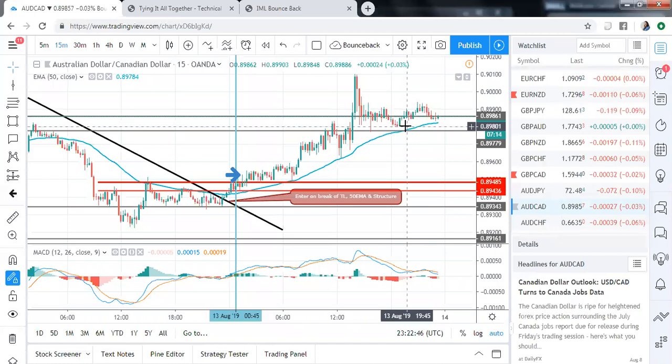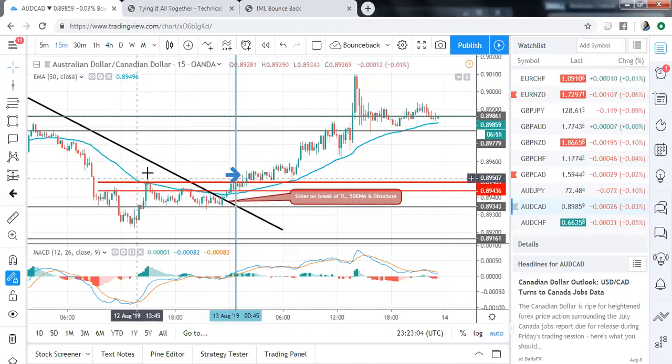Why? Because you need to identify miniature support and resistance for your entry. Because remember, every time frame is going to have its own support and resistance, or its own reversal zones, right? So if you're trading the 15-minute time frame, it is key that you understand these zones.